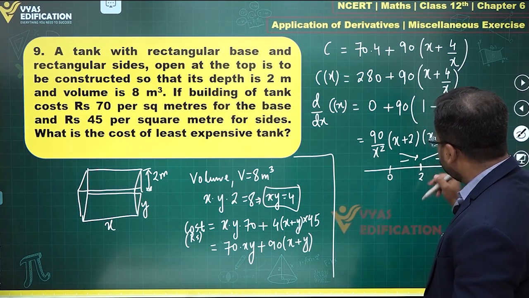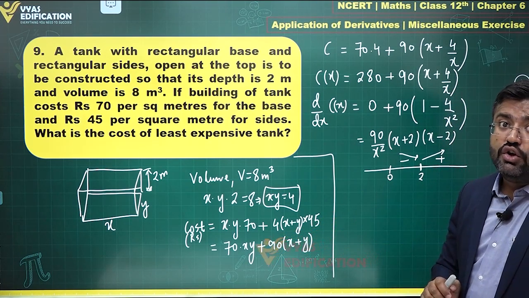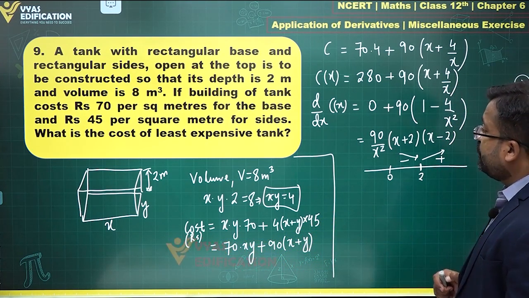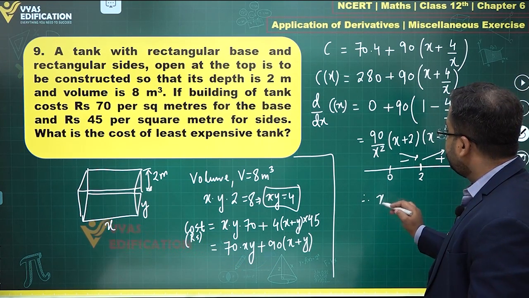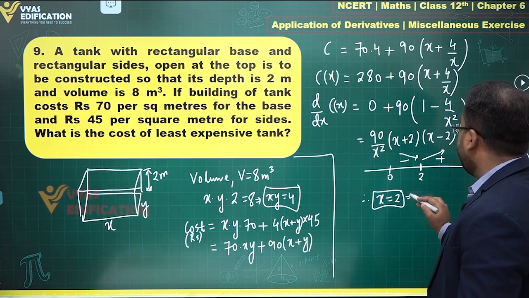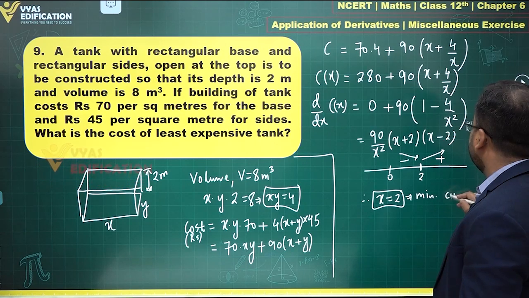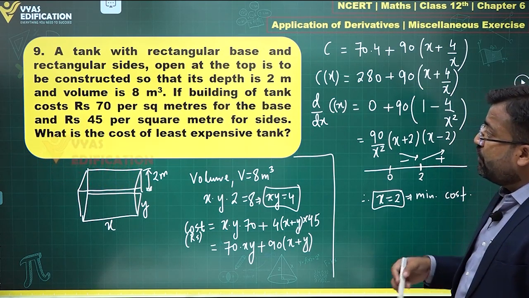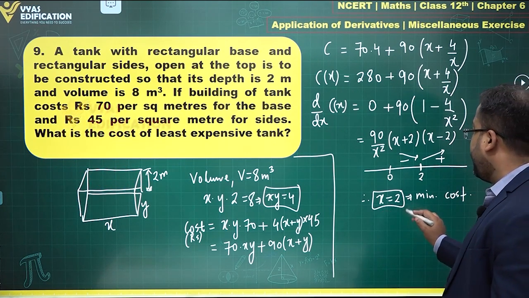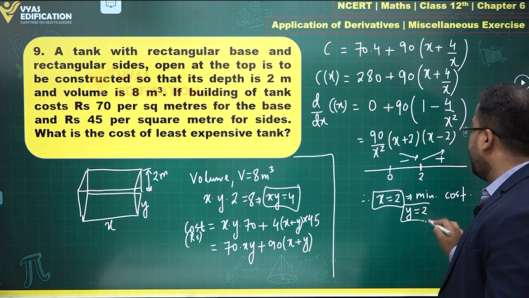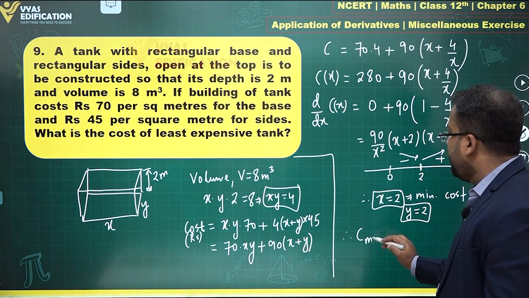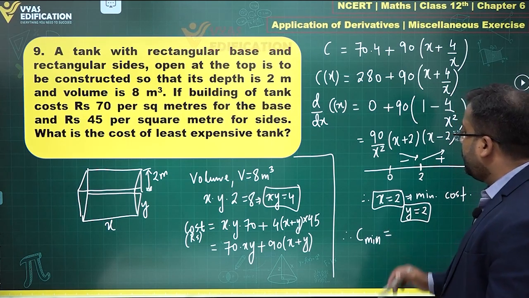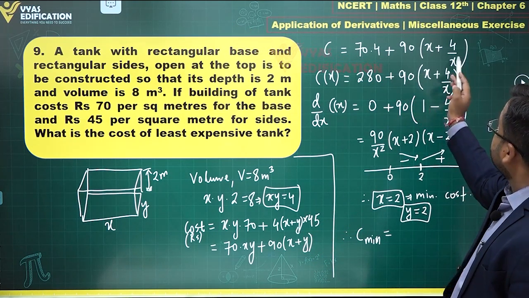So minimum cost will be attained when x is equal to 2. Therefore, x equal to 2 implies minimum cost. X equal to 2 will also tell me the value of y. Y equals 2 as well. Therefore, what is the minimum cost? Cost minimum is this function over here.